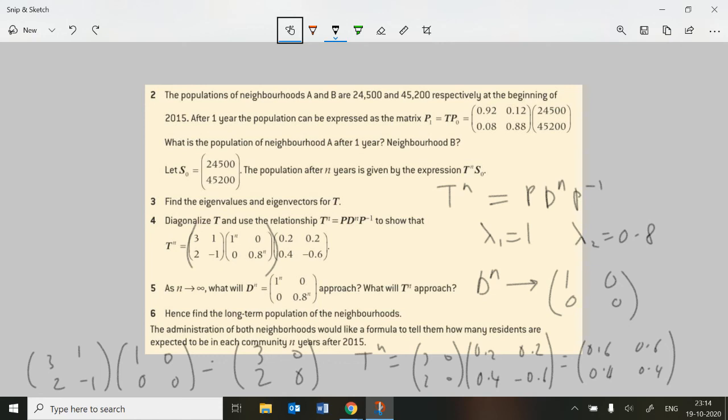If you want to work out the long-term populations of the neighborhoods, you'll now need to apply this to this vector here. That would be your final thing that you would do. Now, in this matrix here, this is saying basically A, B there, right?